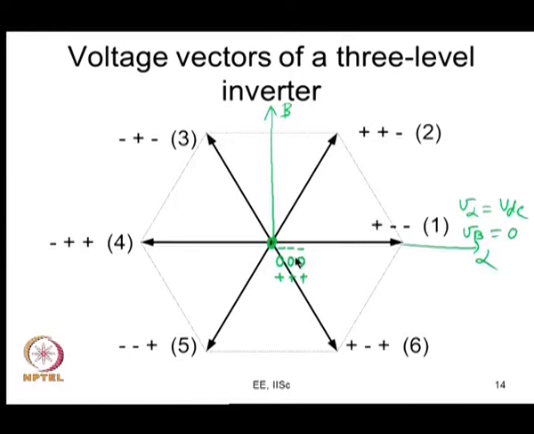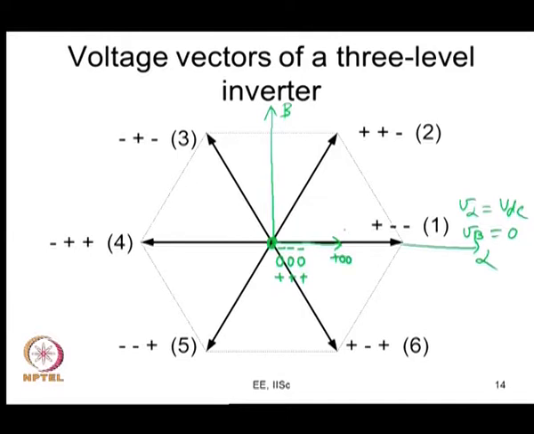That is again possible, no? In that case the 3 level inverter reduces to something like a 2 level inverter whose DC bus voltage is VDC by 2. Let me just write that down. I am looking at plus 0 0. So what happens with plus 0 0? I am going to get an inverter state like this, plus 0 0.